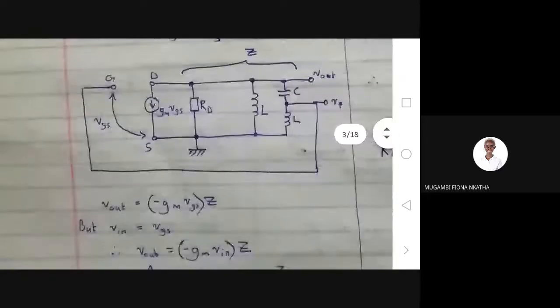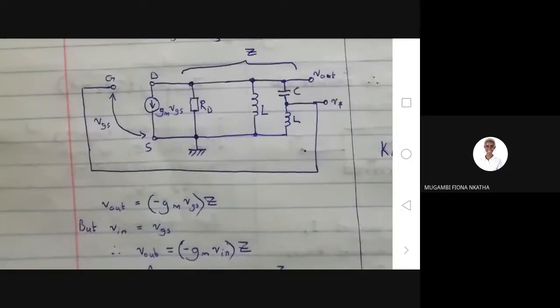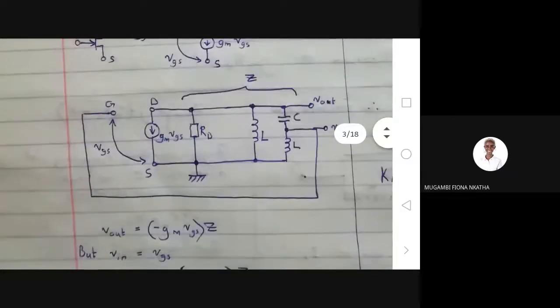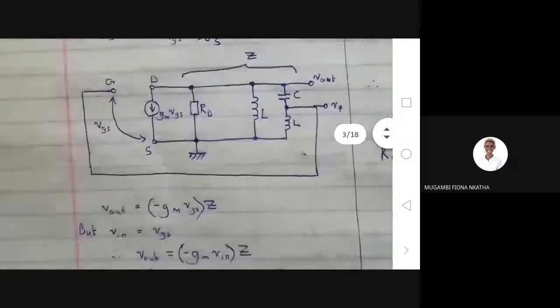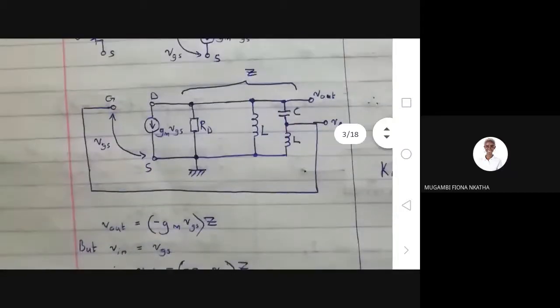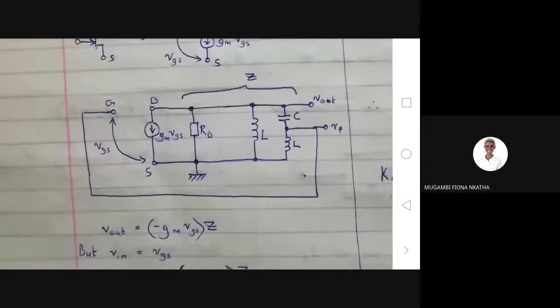From the circuit, you can see that V out is equal to negative GM VGS times Z, because negative GM VGS is what will flow through the whole of the resistance marked Z there. We also know that the input is what will be found at the gate, so it's equal to VGS.